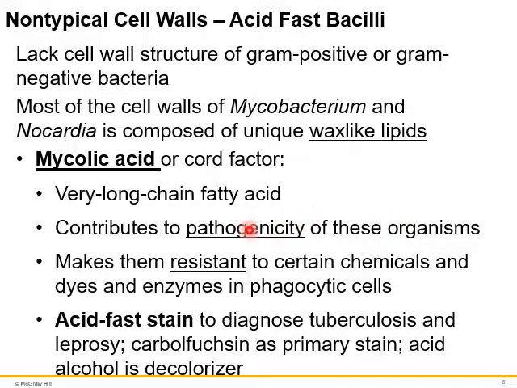It also is a protection for that cell, because with this waxy material surrounding the cell, it makes it very difficult for enzymes to digest that bacterium, and also difficult for certain disinfectants to do their job. It also makes them grow very slowly because it slows down transport of nutrients. So whenever you get tuberculosis, it's not a fast disease. It's a very slowly progressing chronic infection.